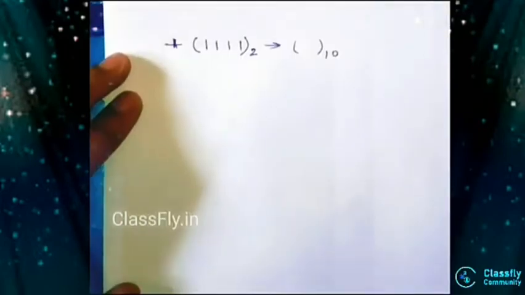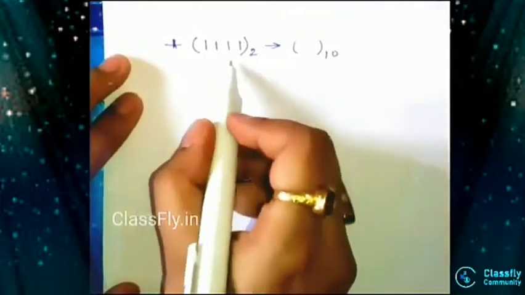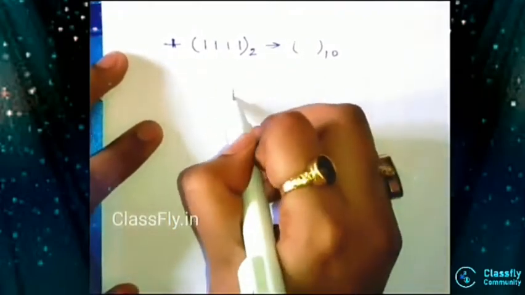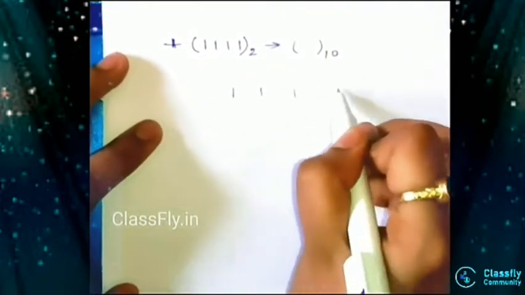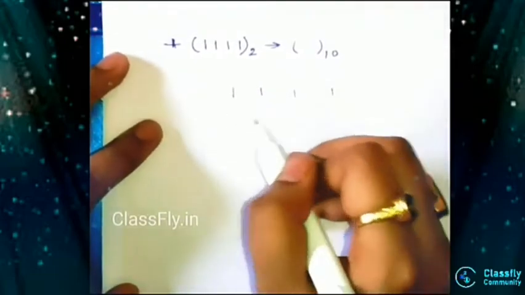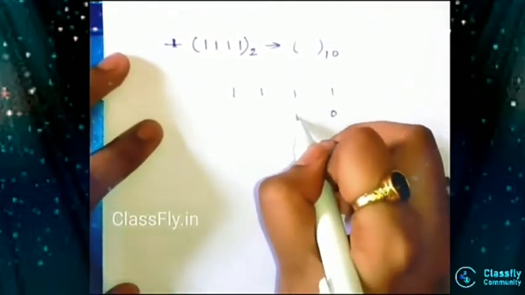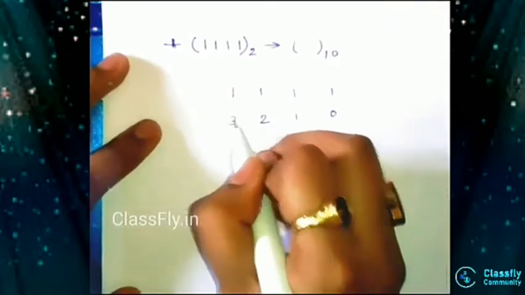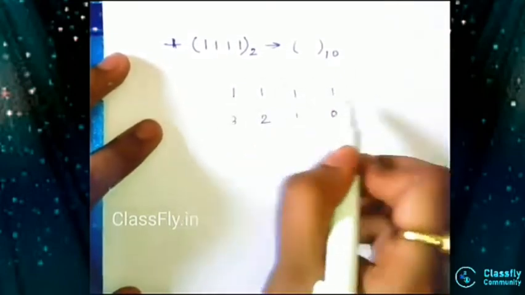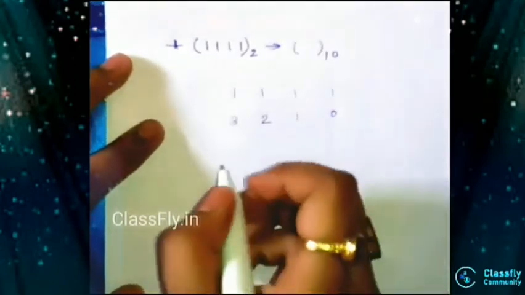Okay. First question is this one. How will we convert it into decimal? First we will write this number 1, 1, 1, 1. Then we will write the positions like 0, 1, 2, 3. As I told, for the ones digits we will write the corresponding power.